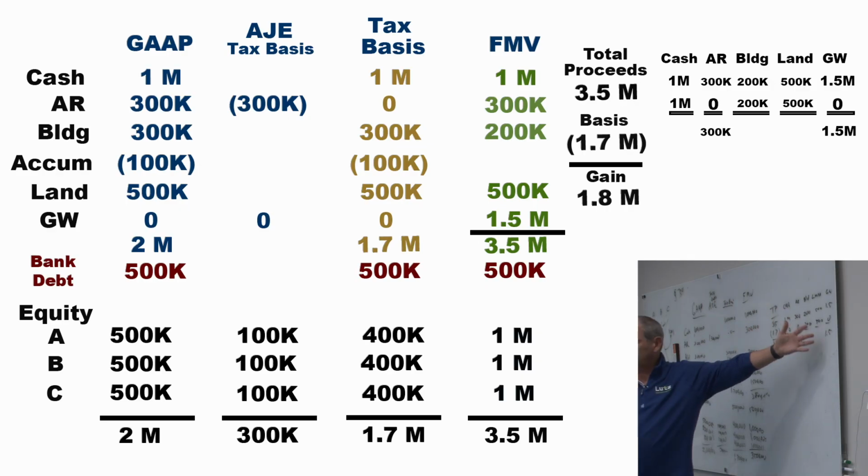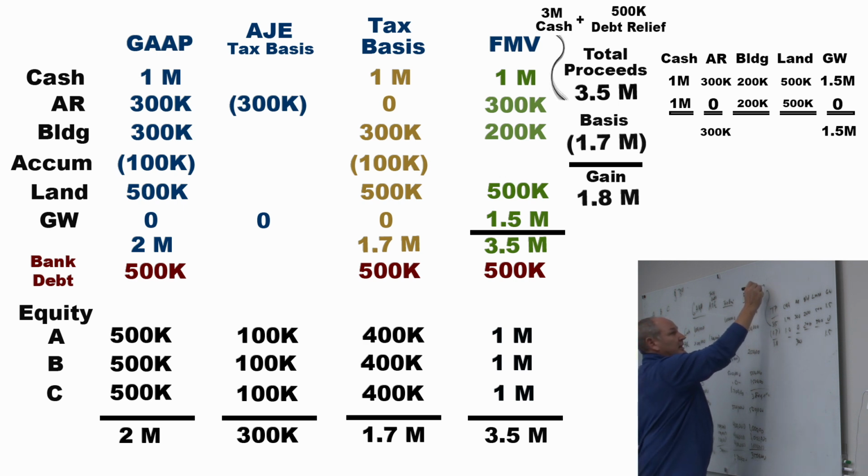So if this is true, all this is really your balance sheet, is it not? I have 3.5, which is really broken down into 3 million of cash and 500 of debt relief. 3 million, 500 to get to 3.5, correct? And then I have 1 million of cash, 300 of AR, 200 of building, 500 of land, 1.5.